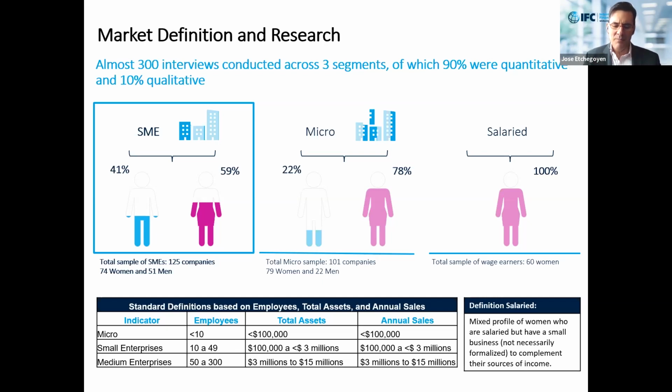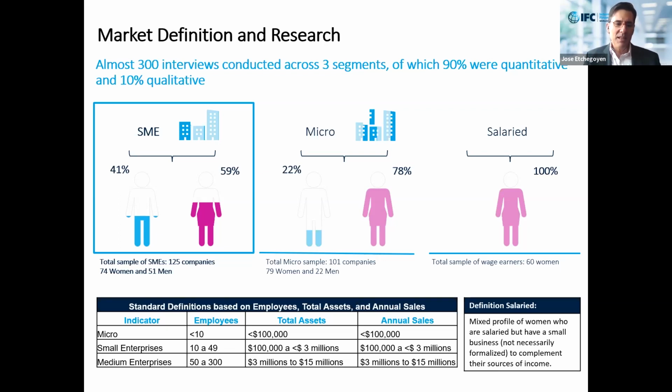And then the salaried piece, because many of the people that are employed in a company eventually may turn entrepreneurs, or they may have a business on the side to complement their family income. So both the micro and the employee segments, women segments, are feeders of the SME and are important segments also to include in your women strategy.